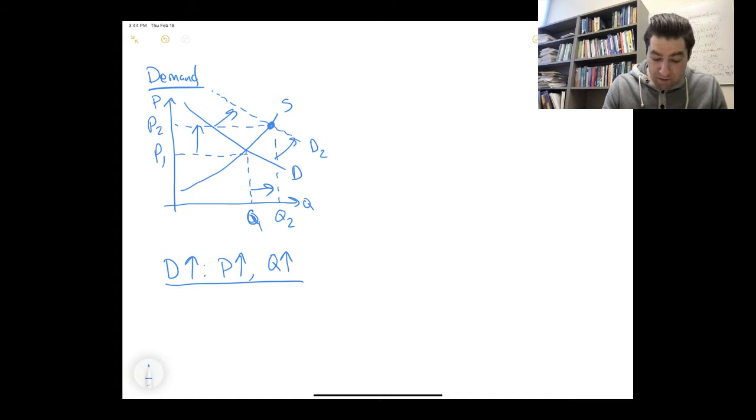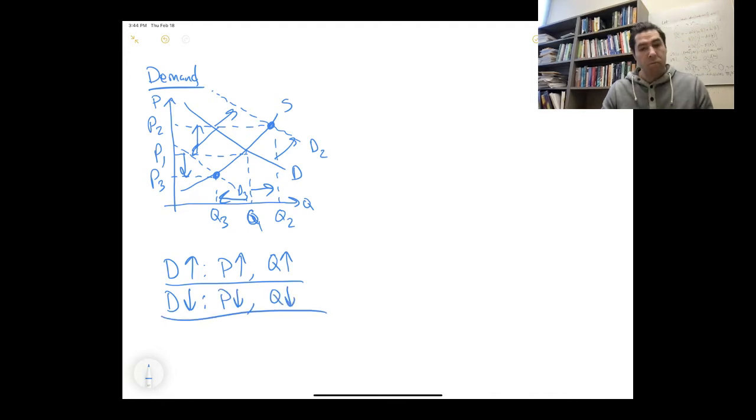If demand were to decrease, the price will decrease and the quantity will decrease. Demand goes down, price decreases, quantity decreases. So that's just a basic shift in demand.